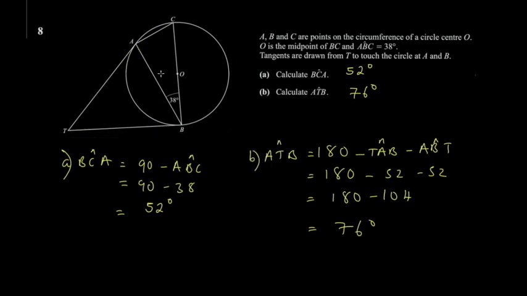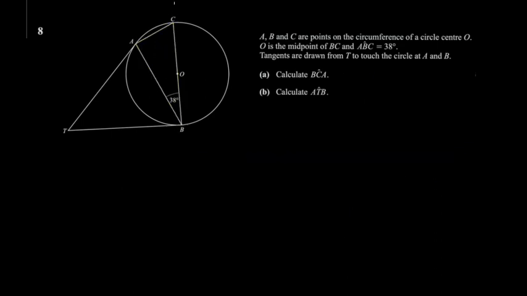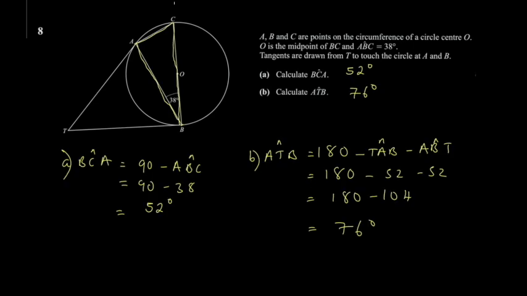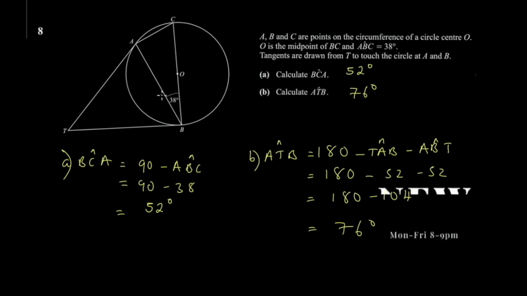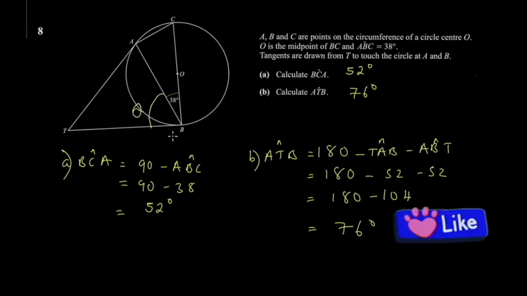So whenever you have a triangle having its vertices all touching the circumference of the circle, whenever you have such an occurrence, what it means is that this angle here, theta, must be equal to this angle here.